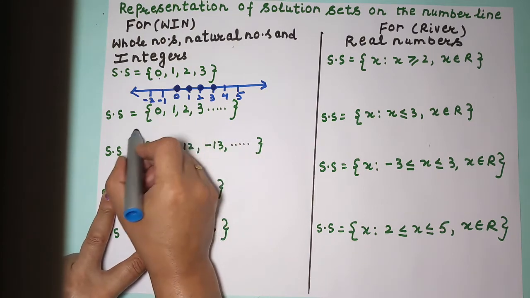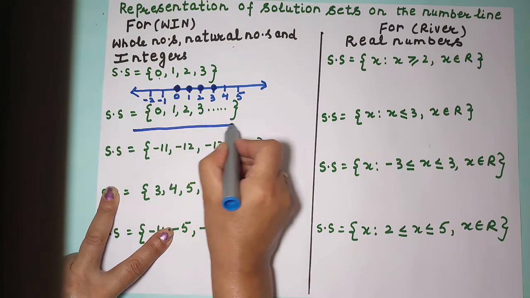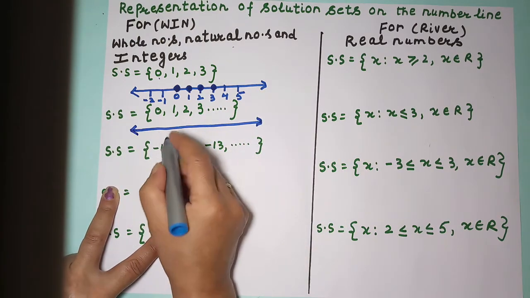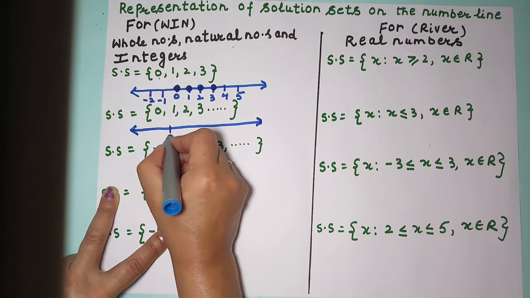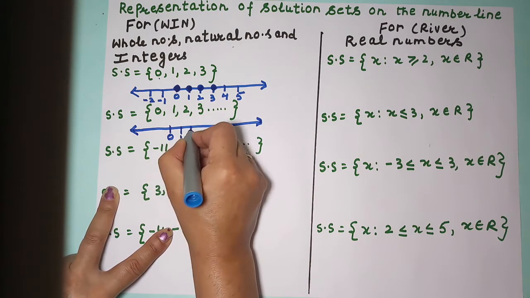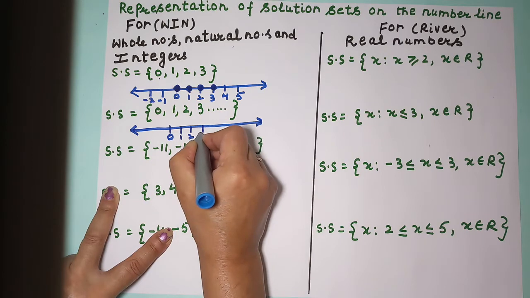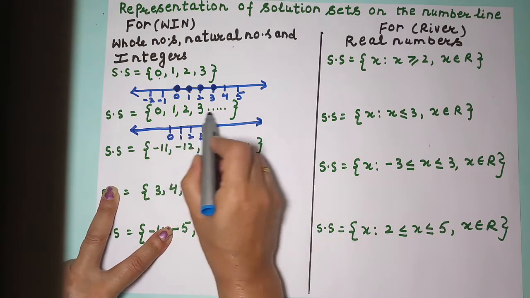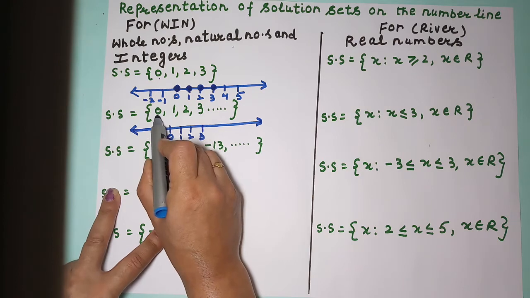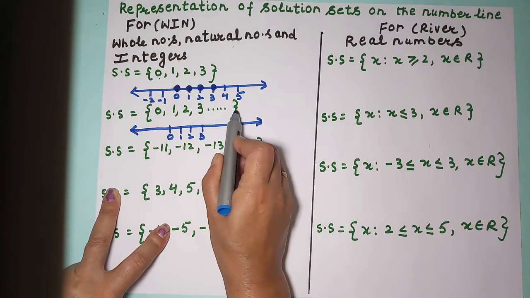In this example, again, draw a line, arrows on both sides. Write these numbers like this: 1, 2, 3. If you look at this solution set, it has the starting point, that is, it is starting from 0, and then there is no end point.